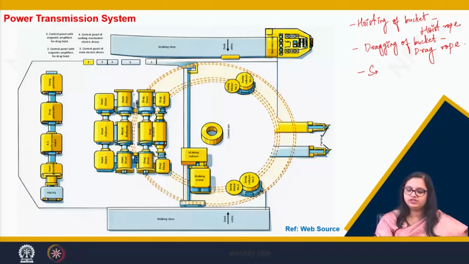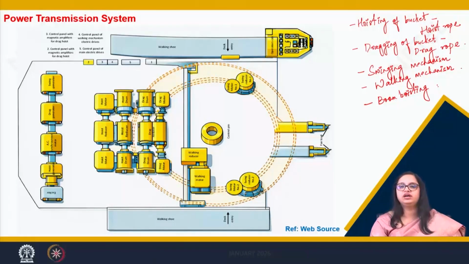Then there is swinging mechanism, then there is walking mechanism. Then there is also boom hoist, boom hoisting. So, these are the operations that happen in a dragline.